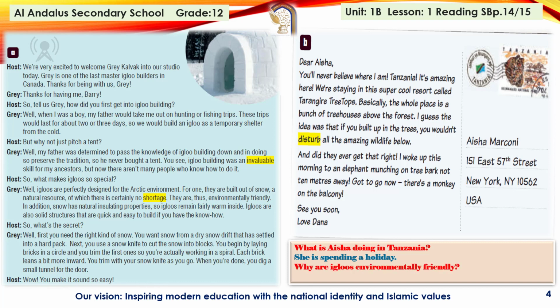Why are igloos environmentally friendly? Yes, this is a nice answer. They are made of snow, which is a natural material.